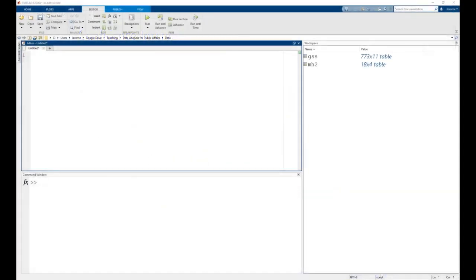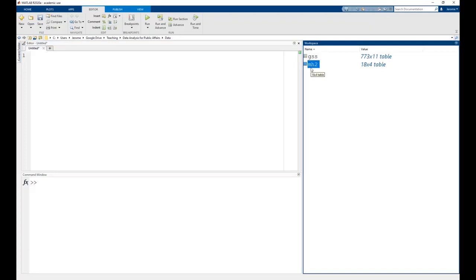Now let us calculate the confidence interval for the home values of the dataset Meridian Hills 2.csv. Note that I have already loaded the data in MATLAB, and we have it here as MH2.